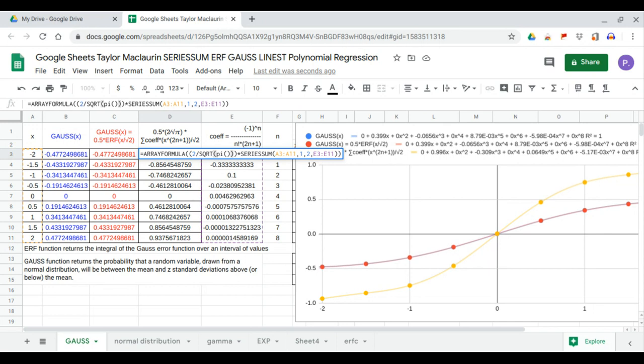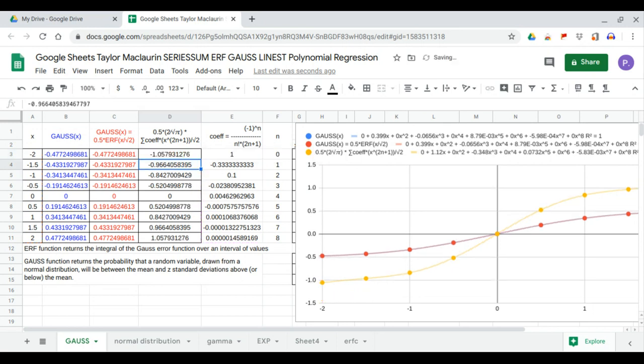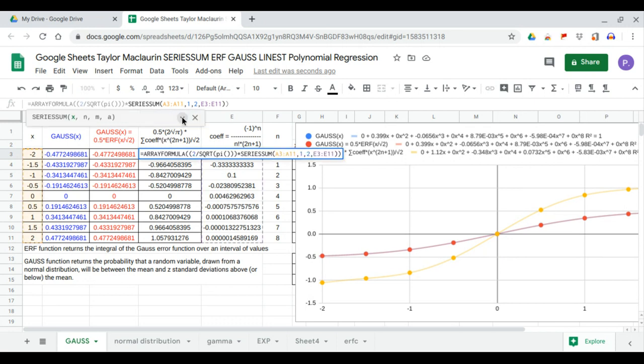I think we have that already. Next, we multiply the 0.5. Oh, we haven't added the square root of 2 inside. Now we have to factor in square root of 2 and 0.5 now. So we can get the Gauss function.